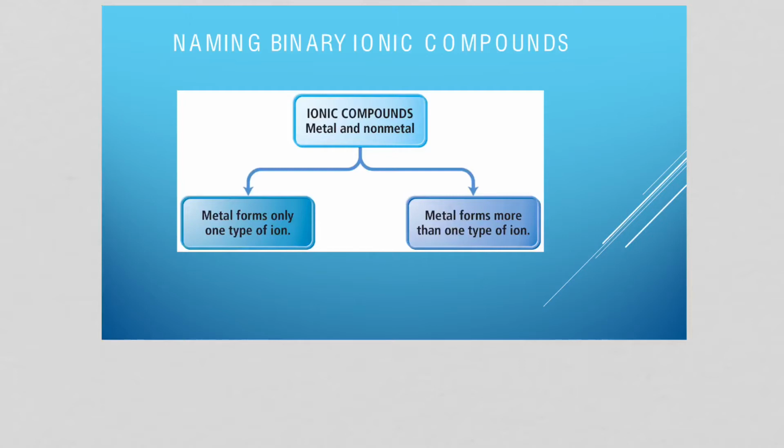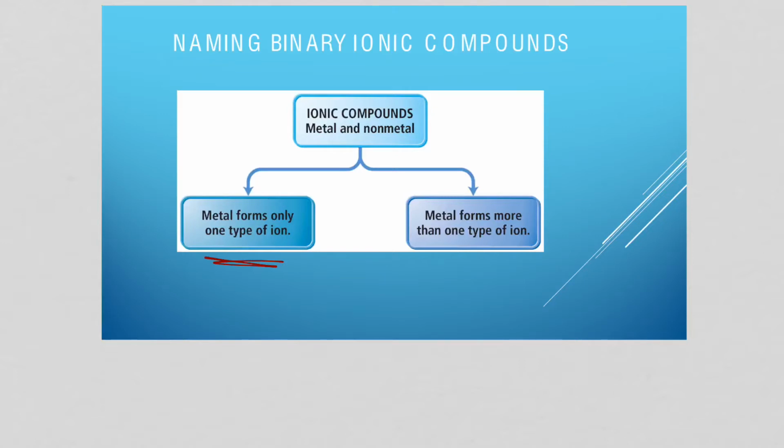So there are two sort of subtypes of ionic compounds that we're going to name. One of them will be using a metal that only forms a single ion. So for example, we learned that group 1, the alkali metals, always form a positive one. So that would fall under this category. Now the other category is ionic compounds that contain metals that have the ability to form more than one type of ion.